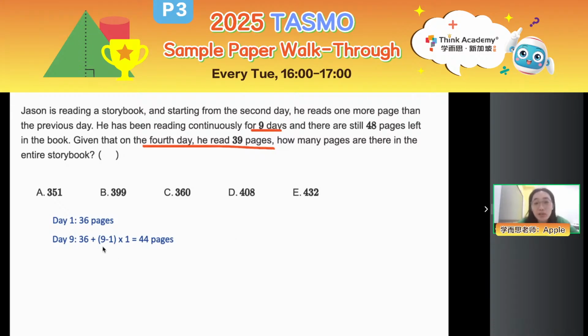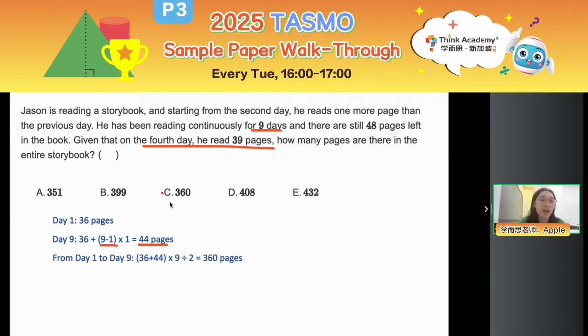Okay, so based on 36, you see that every day you just read 1 more page than the previous day. So here, we just based on 36 and then plus 9 minus 1 times 1. So here the last day, 44 pages. So altogether, you see that for these 9 consecutive days, actually altogether, Jason already finished 360 pages, right?